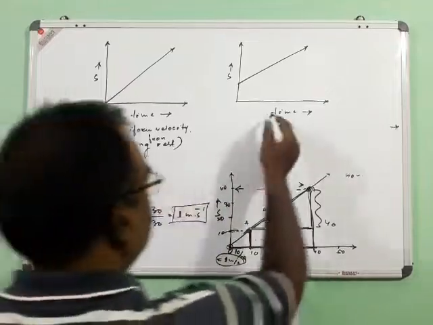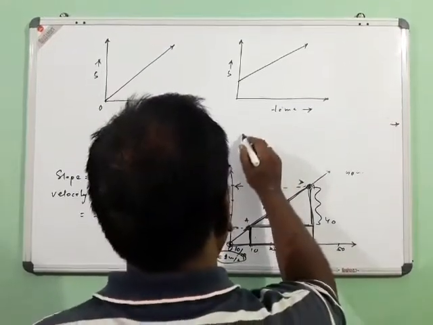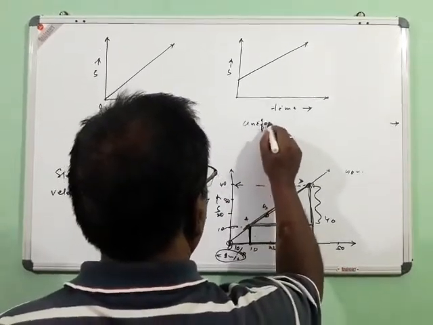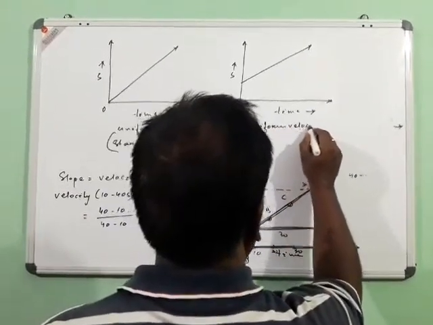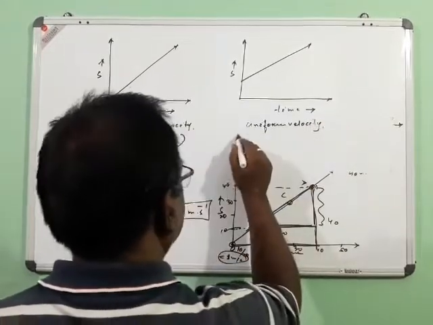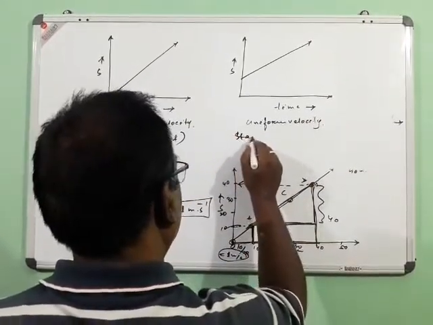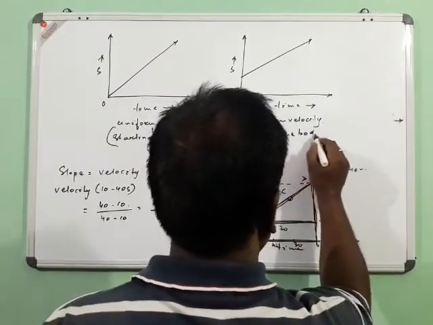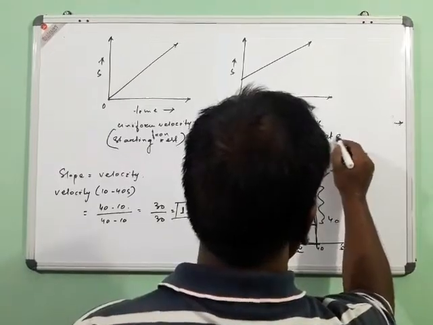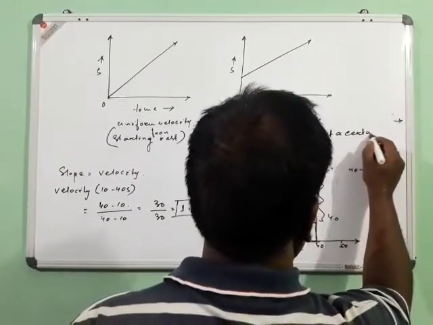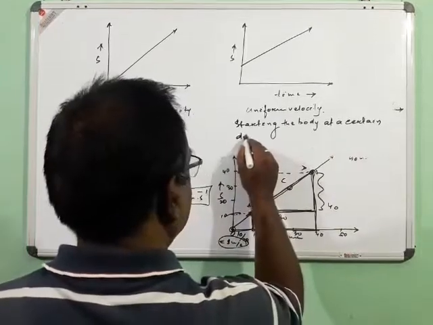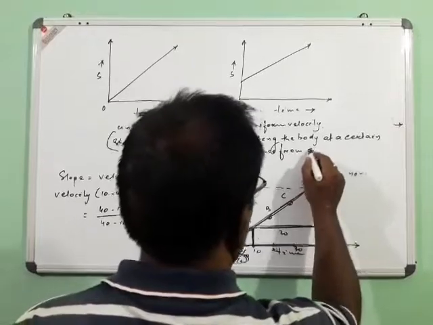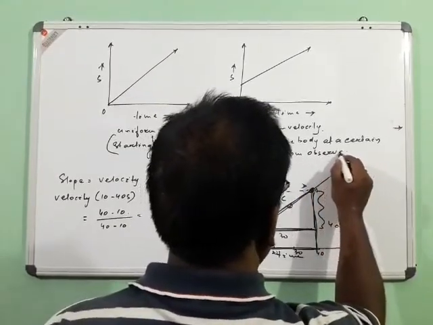But in this case, the uniform velocity starts with the body at a certain distance from the observer, at a certain distance from the observer, and not from the rest condition.